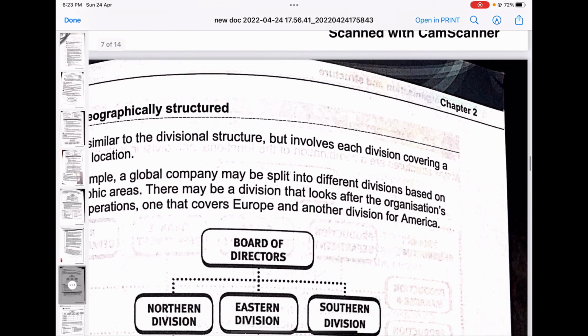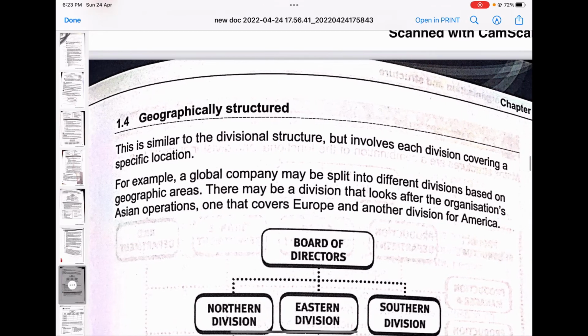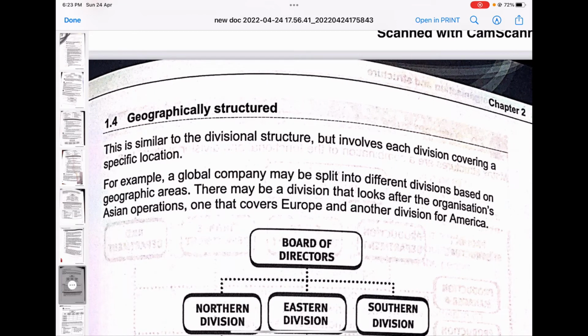So now we've done functional structure, we've done divisional structure, and now we're coming to the geographically structured. This is literally the easiest part of the entire chapter. Geographically structured is simple. It involves each division covering a specific location. So instead of having separate departments or separate products, we have separate divisions based on a specific location.